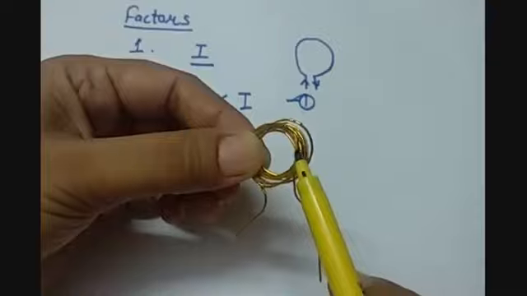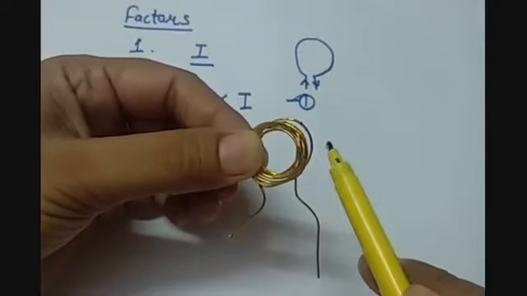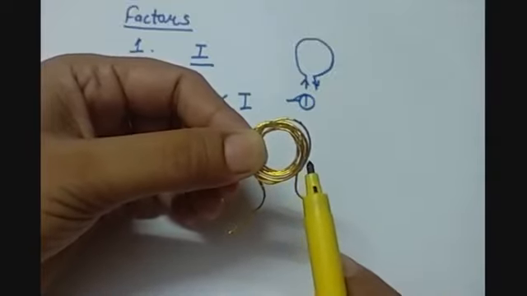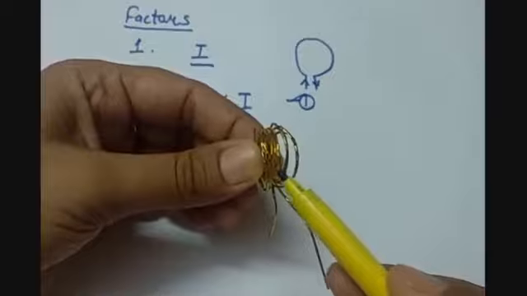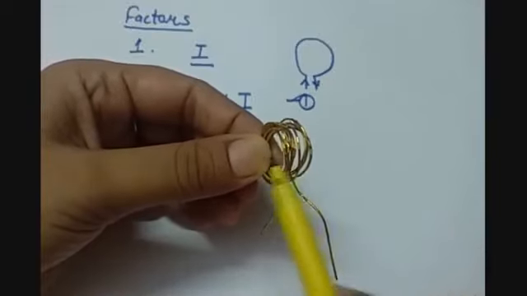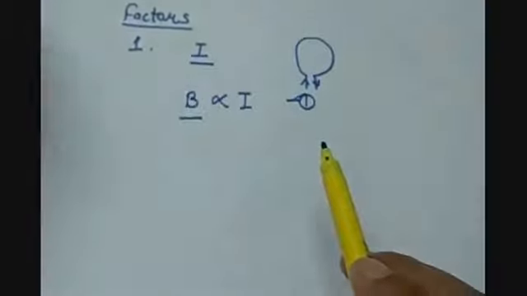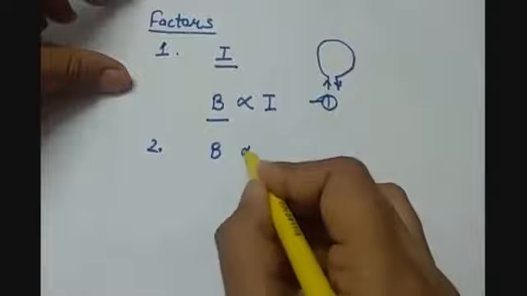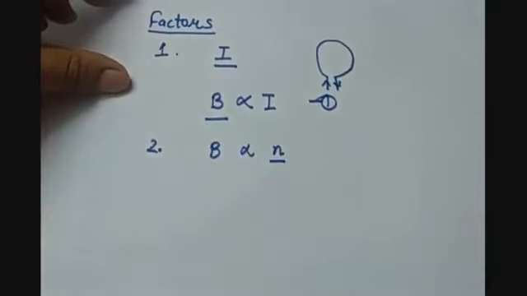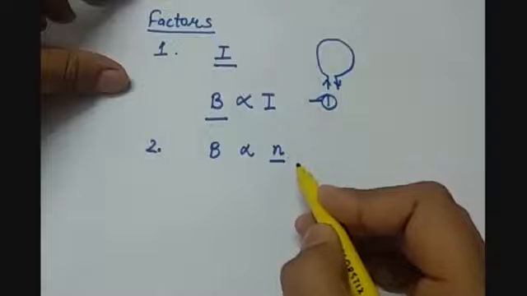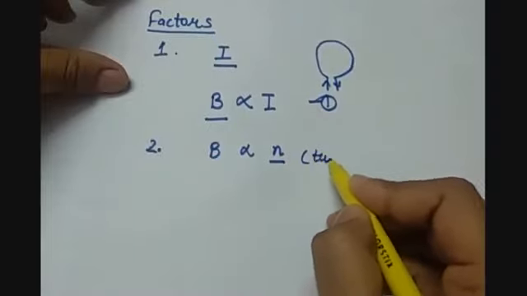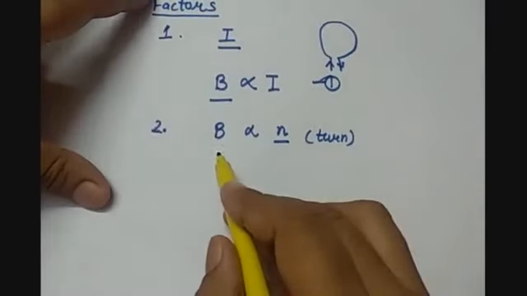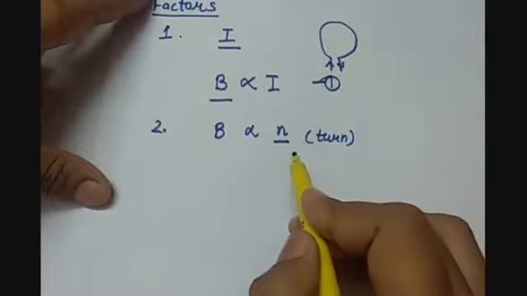In all the circular loops, the current will flow in the same direction, so the same magnetic field lines will be produced for each single circle. So the magnetic field strength is directly proportional to the number of circular loops or turns of the wire. Magnetic field strength increases as we increase the number of turns of the wire.